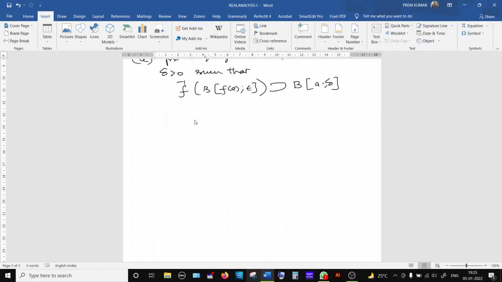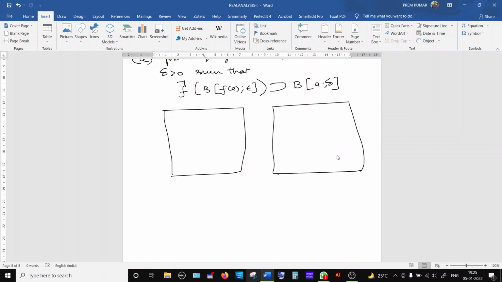See, what is this? For example, everything we cannot visualize. Since it is a real line, we can just imagine some geometrical views.